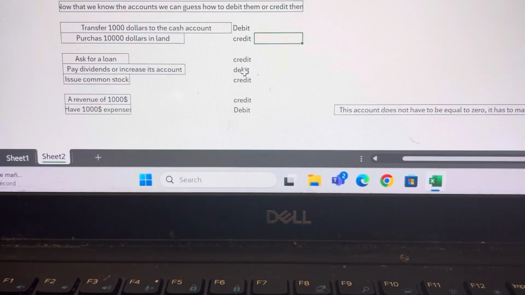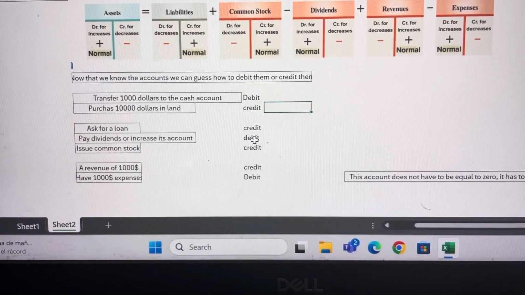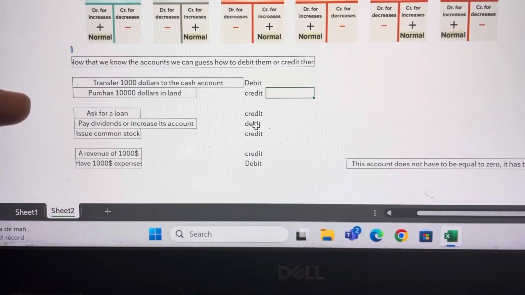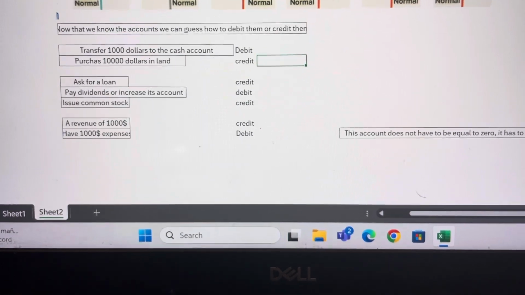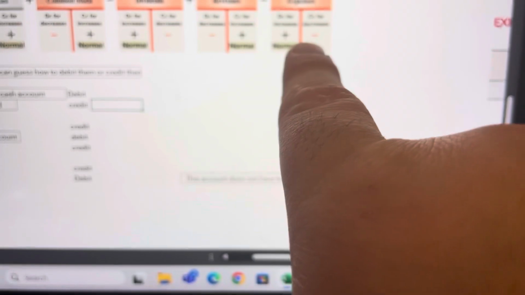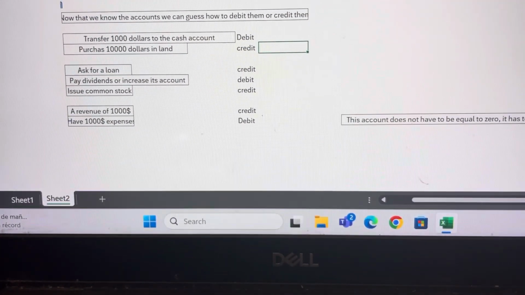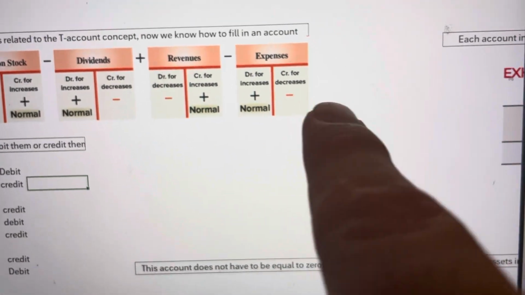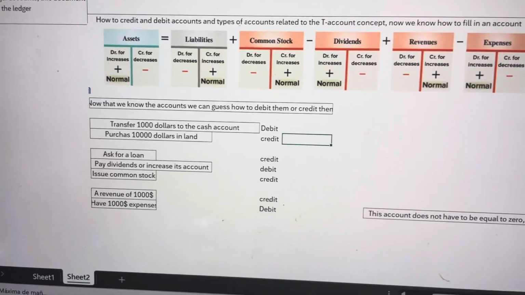Now, issuing common stock. If we increase the common stock, we are crediting that account. And a revenue of $1,000, we are crediting the revenue account, as you can see there. We have $1,000 expenses, we credit this account. Sorry, we debit this account.